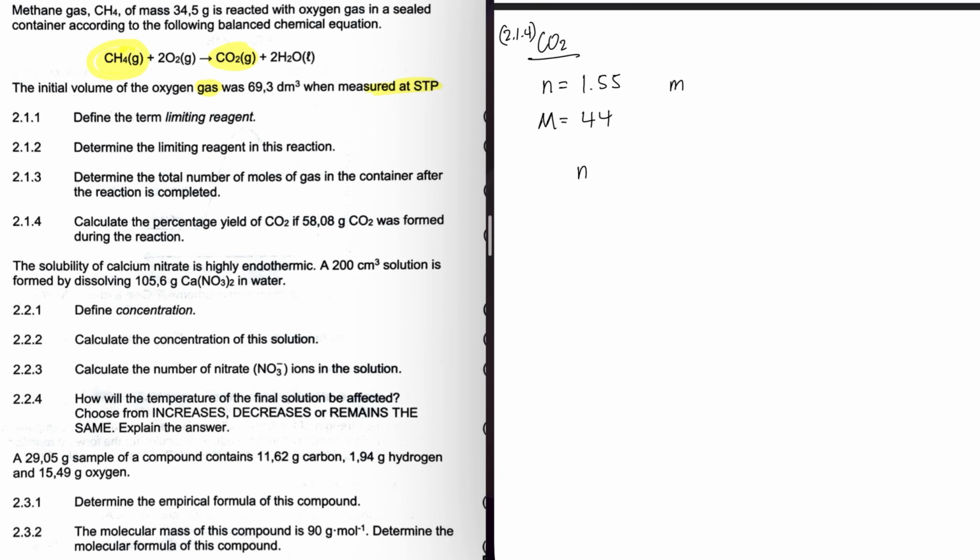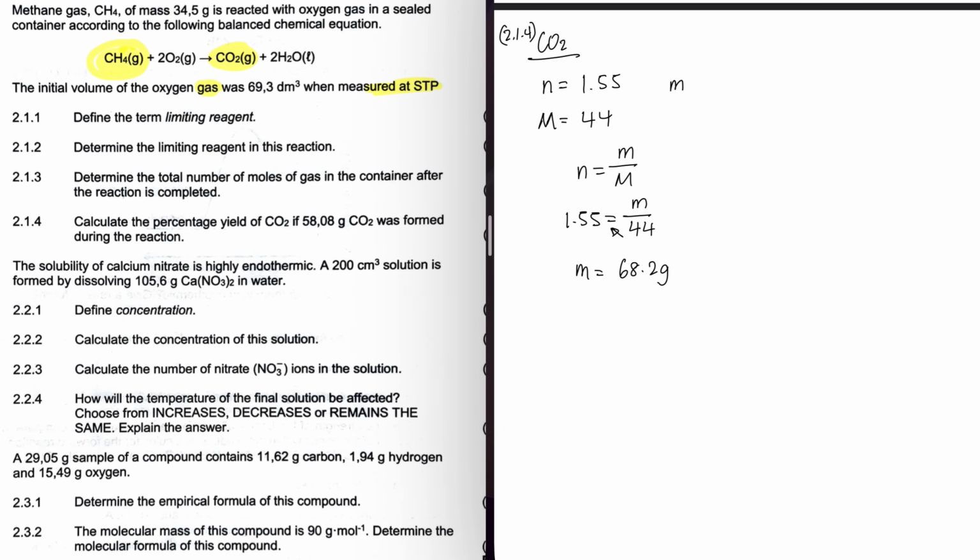So number of moles is equal to mass divided by molar mass. 1.55 is equal to mass divided by 44. Now you can cross multiply, and when you cross multiply, you are going to get the mass is equal to 68.2 grams.